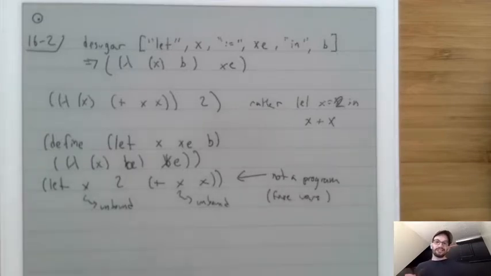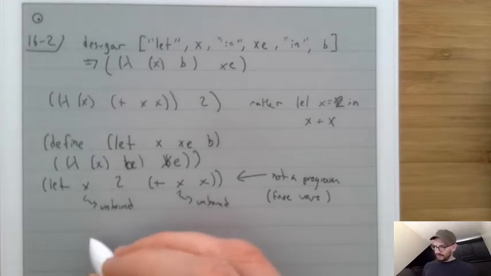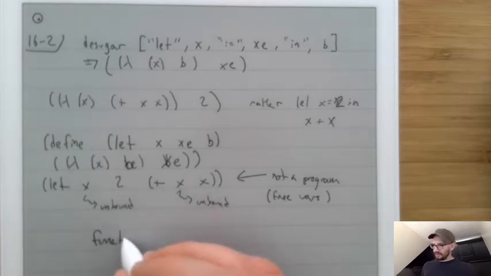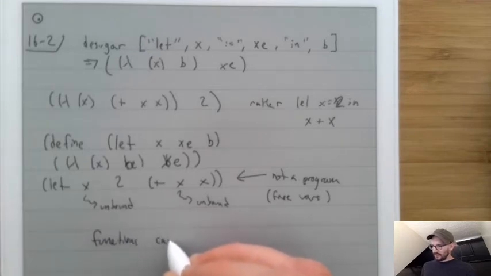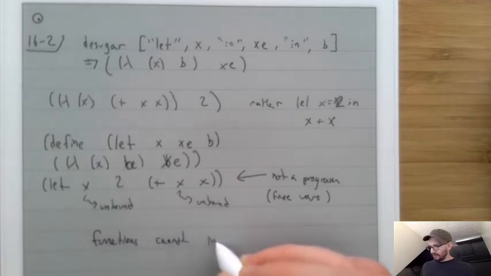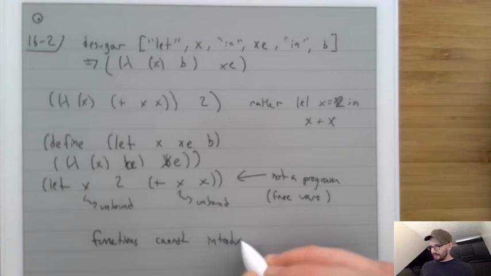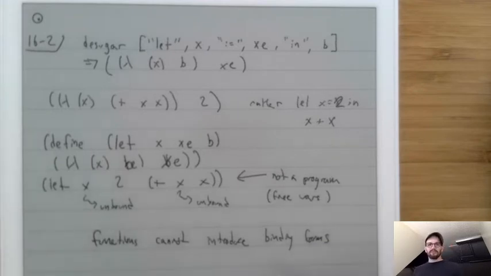The thing that functions cannot do is they cannot introduce binding forms. When I say binding forms, I mean program syntax that introduces names.